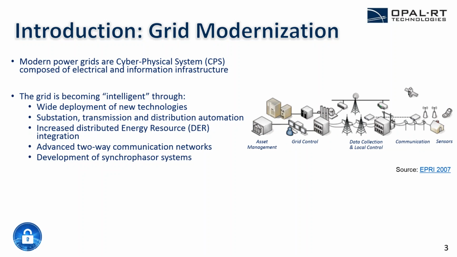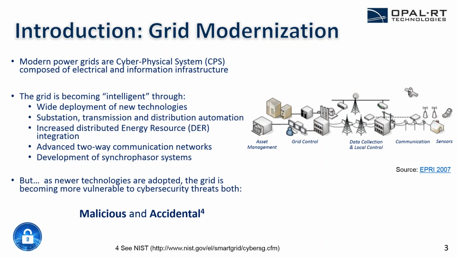We're implementing more distributed energy resources onto the grid, into distribution, namely in the form of microgrids. It's also about advancing communication networks such that they're capable of two-way communication. And an important one to mention is the development and, shall I say, emergence of synchrophasor systems, which are mainly being used as monitoring tools, but are now becoming more part of the control landscape.